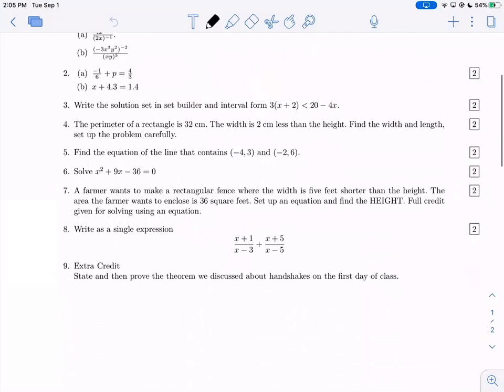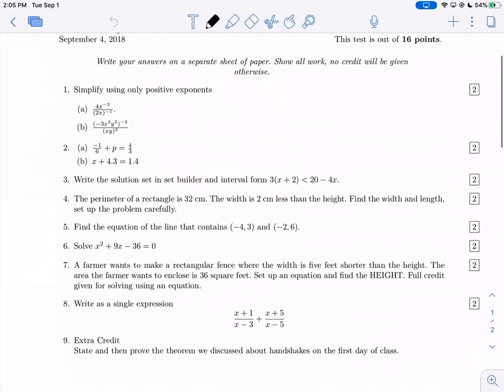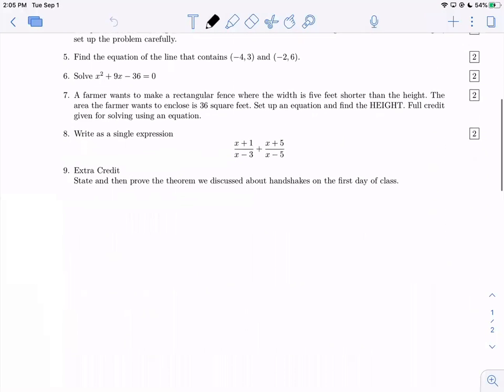Okay, so here's the diagnostic. I wanted to first talk about question one. The first thing is being aware of things like this. So what's the difference?